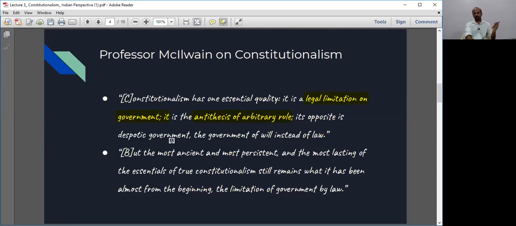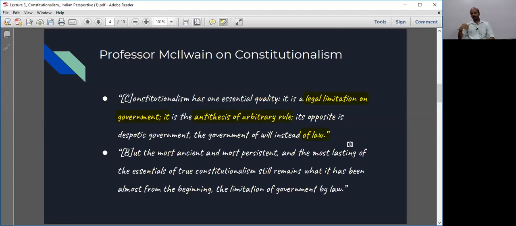It is also opposite to despotic government, or the government of will instead of law. So the key point is that constitutionalism is the rule of law. The term rule is missing, but basically what Professor McIlwain is trying to say is that constitutionalism is nothing but rule of law. So rule of law becomes an important element of constitutionalism.